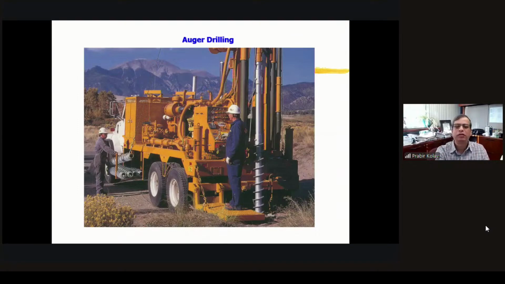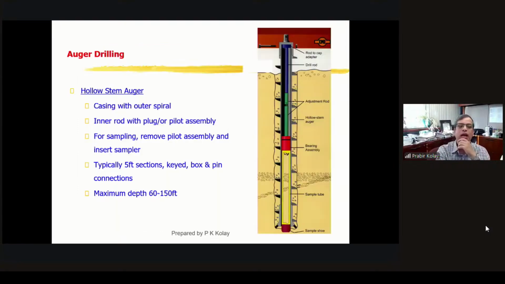I will just show quickly the different types of auger drillings available. For the hollow stem auger, as you can see here, there is the outer casing, the spiral, the inner spiral rod, and also a pilot assembly that is removed for inserting the sampler. The maximum depth it can go is 50 to 100 feet. So this is how we do auger drilling.